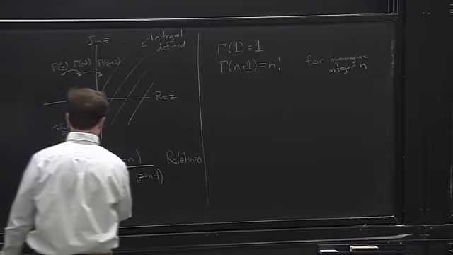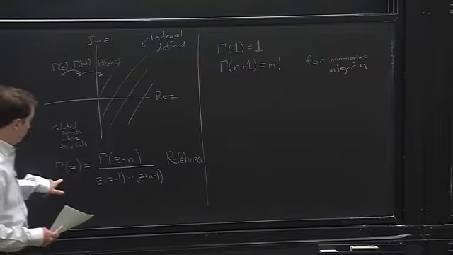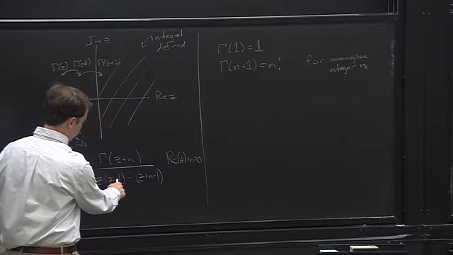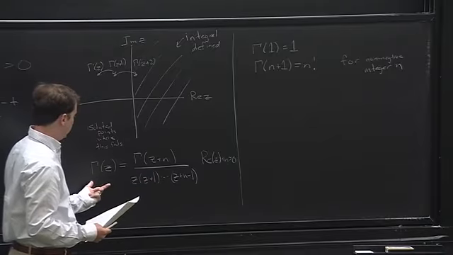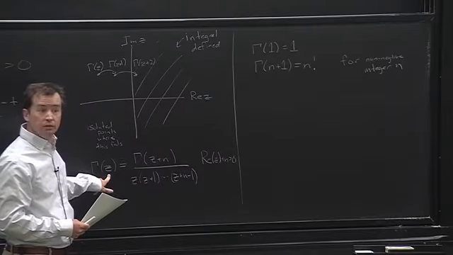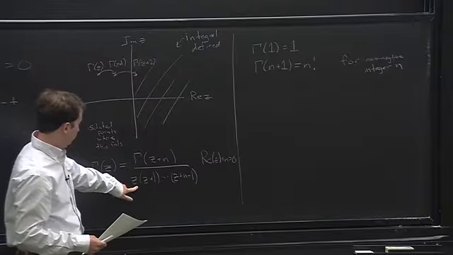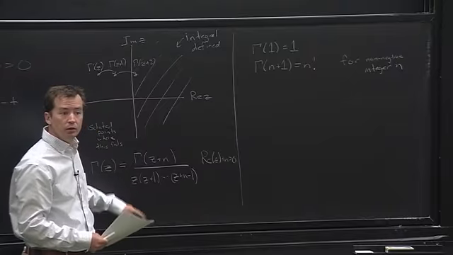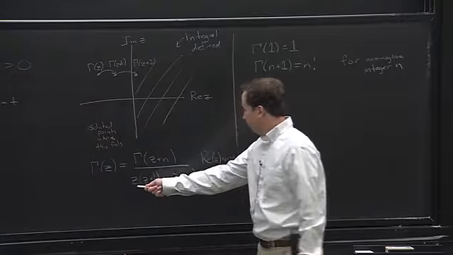And so the issue that was brought up before about isolated points where this fails is related to this equation here. Because if one of these factors is 0, then that's when this can fail. So in particular, if we look at gamma of z at negative integer points, then one of these factors on the bottom will be 0, and that means there will be a pole at the negative integers.